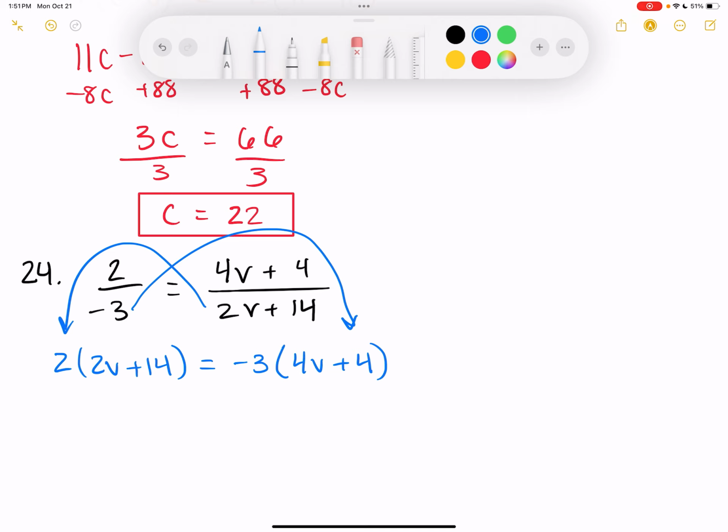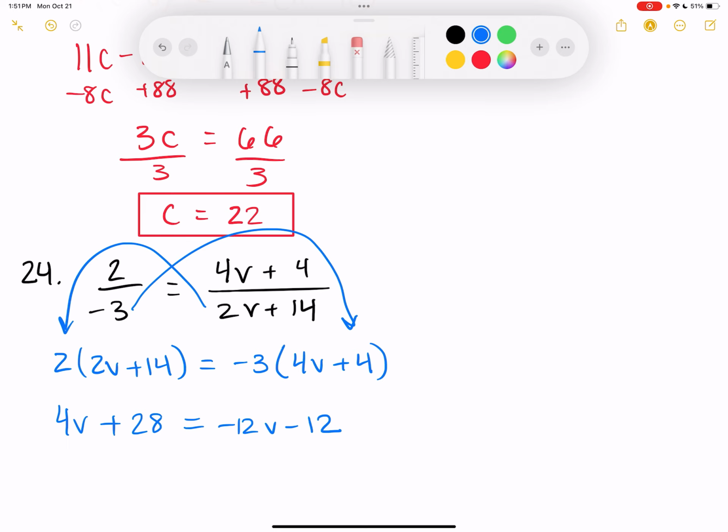So once we're to this point, this is back to like 3.4 stuff, variables on both sides, using the distributive property. So on the left, I get 4v plus 28 equals negative 12v minus 12.